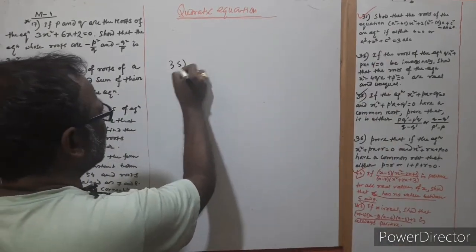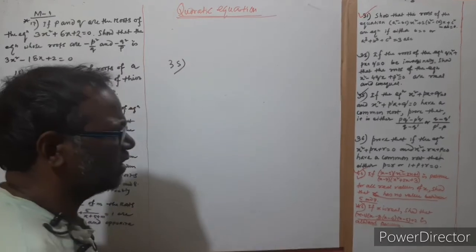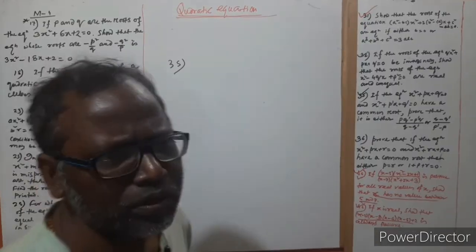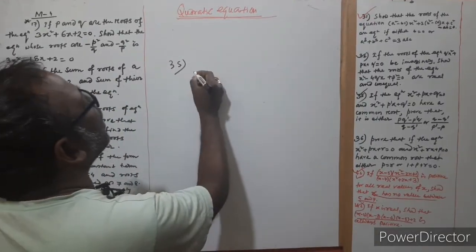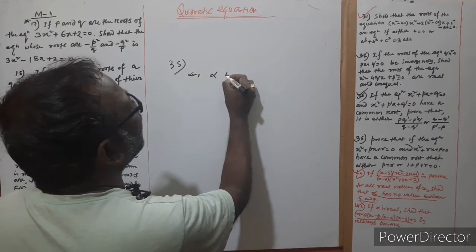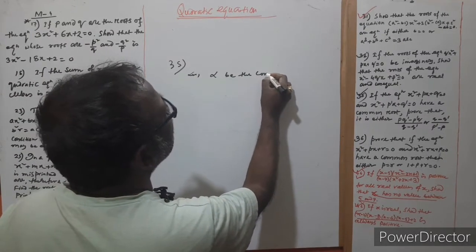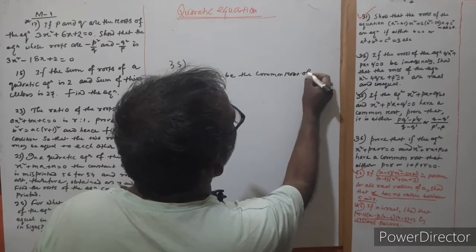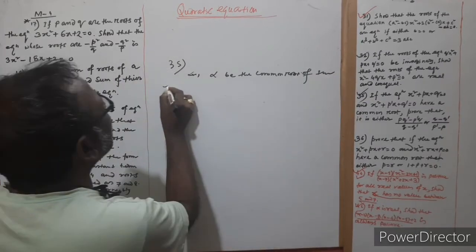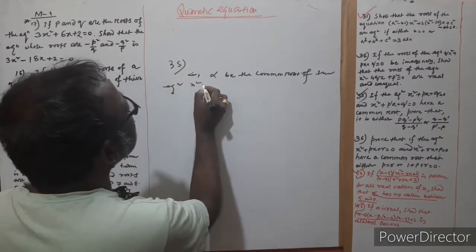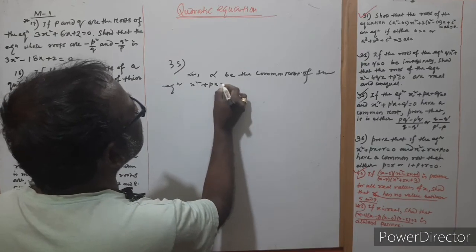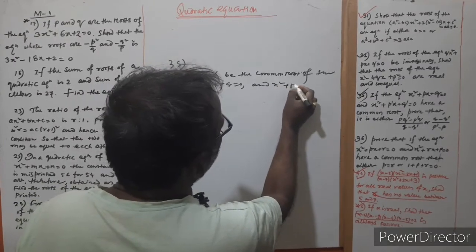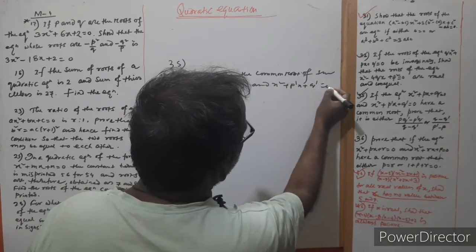Here, these two equations, that is x square plus px plus q equal to 0 and x square plus p dash x plus q dash equal to 0, have a common root. Let alpha be the common root of the equations x square plus px plus q equal to 0 and x square plus p dash x plus q dash equal to 0.